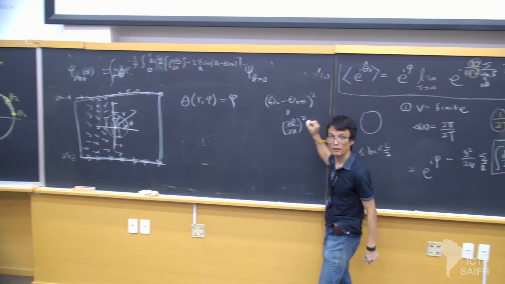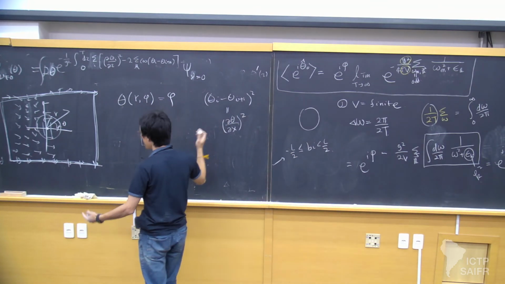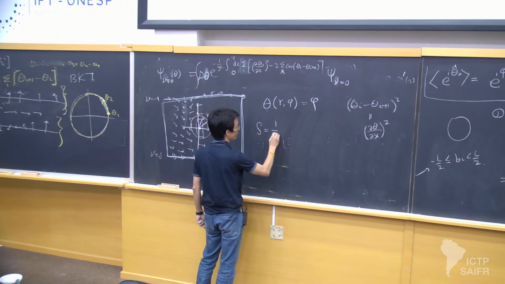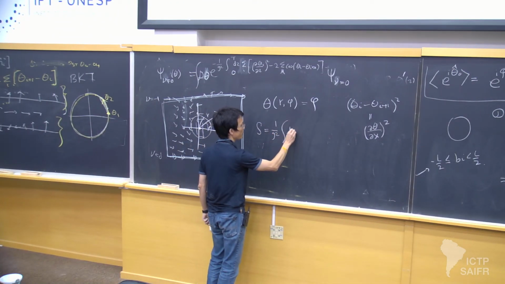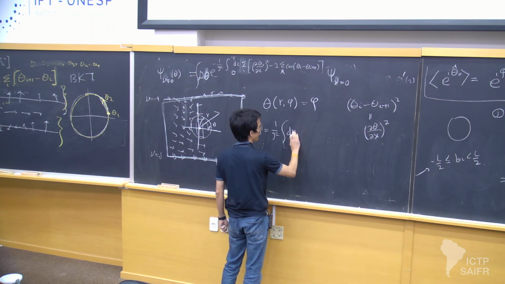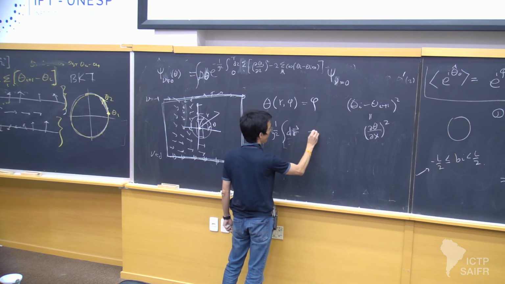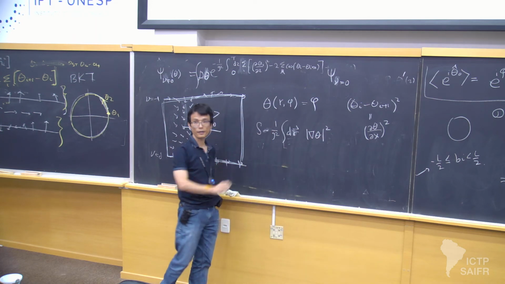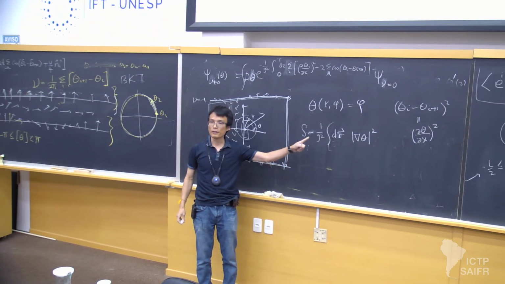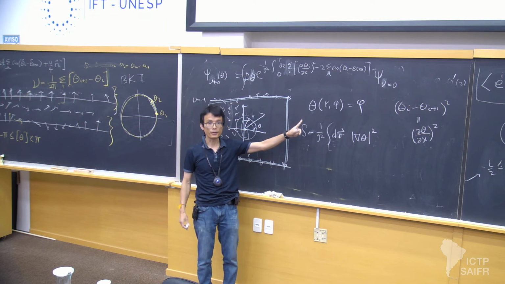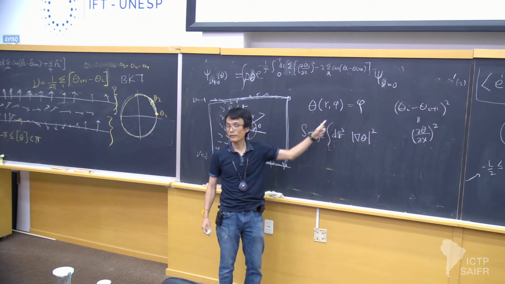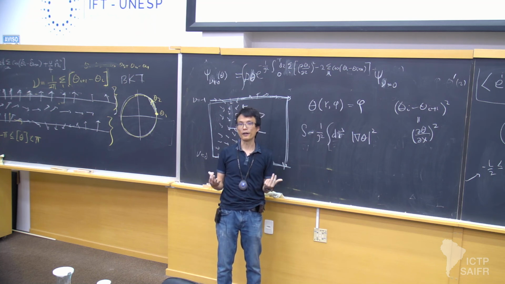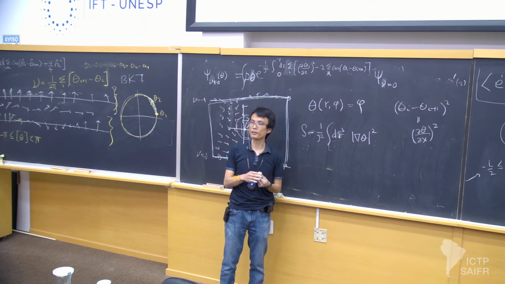In addition to the time derivative term, your action can be written as 1 over g squared times the space-time integration of this term. I'm just sketching. And then using this action, you can compute the action for one instanton. Has anyone done this kind of calculation?